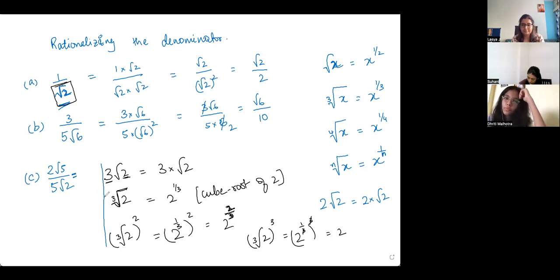Miss, root one number into root second number, those numbers can't be multiplied, right? They can. Addition, subtraction will not work. Multiplication, division will work. Oh, okay.